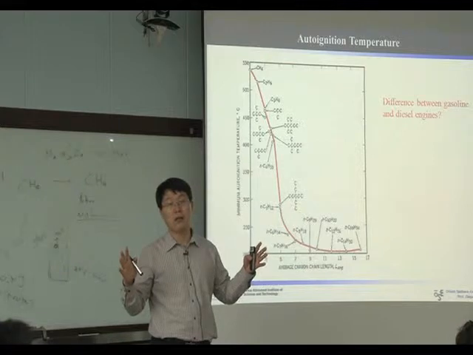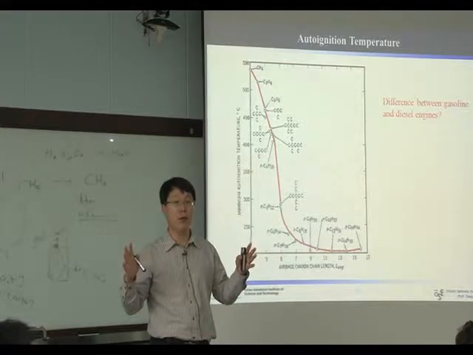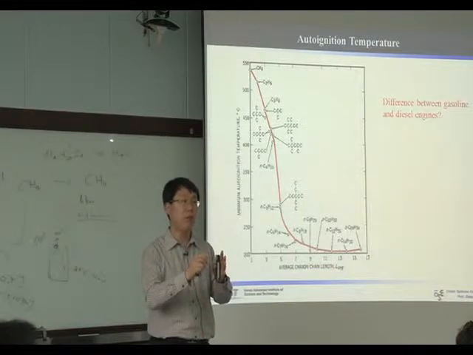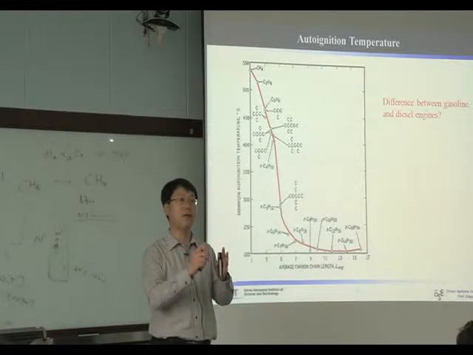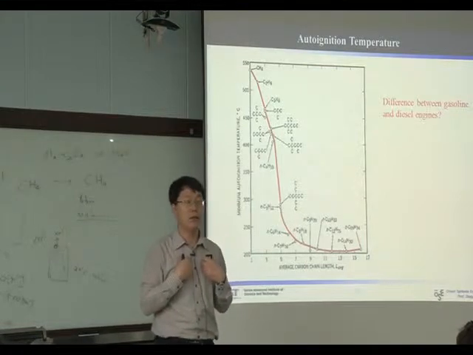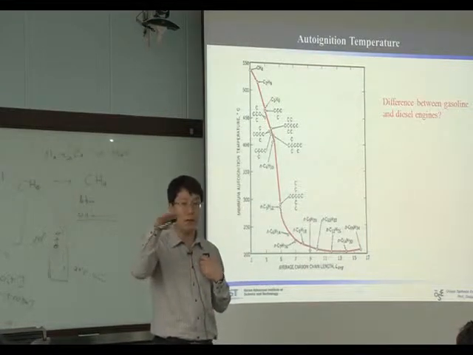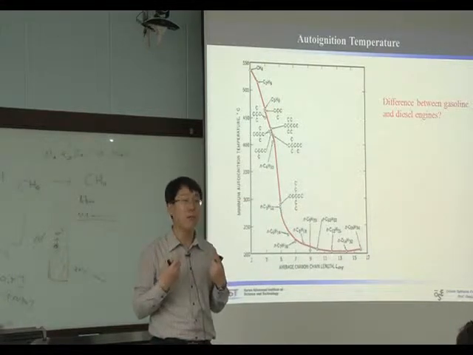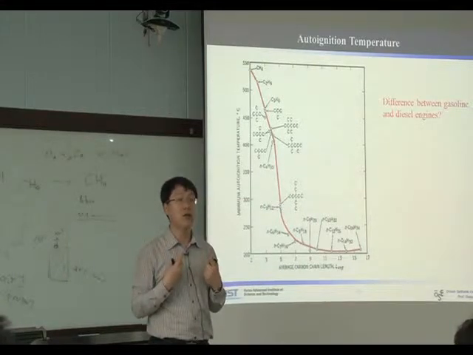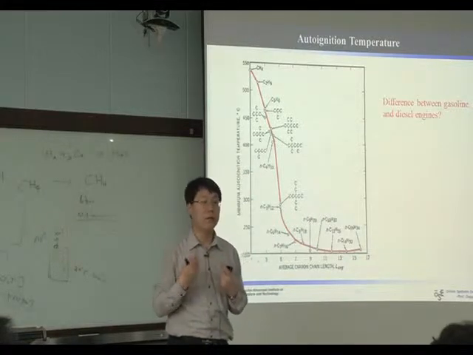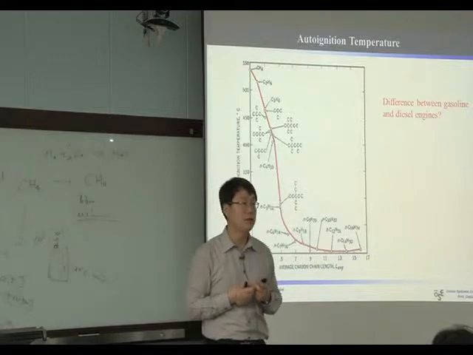But sometimes if we have a heavy component, we compress, and before we ignite the vapor, the heavy component is above the auto-ignition temperature. So there are some molecules that ignite faster than the others.